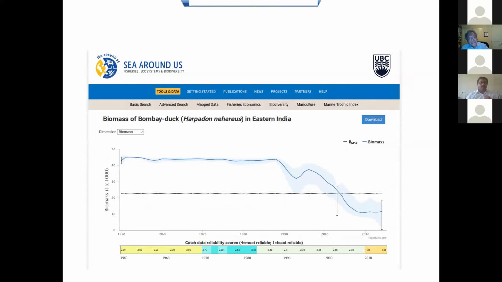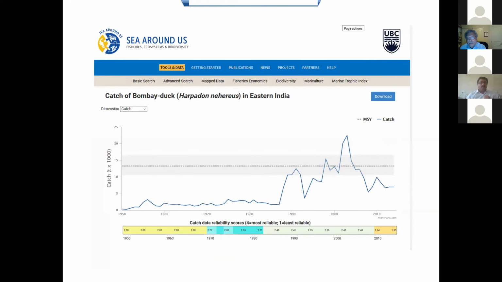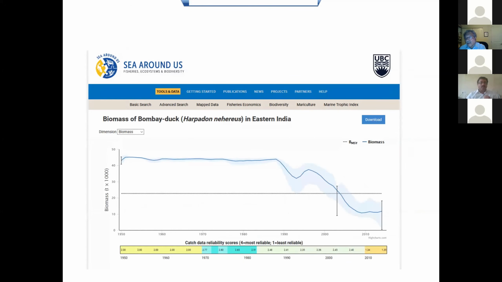It shows that the catch before was not enough to reduce the population a lot, but when the catch increased, it reduced the population below the MSY level. And then in 2010, when the catch declined, it was still too high, because in the meantime the biomass had been reduced.